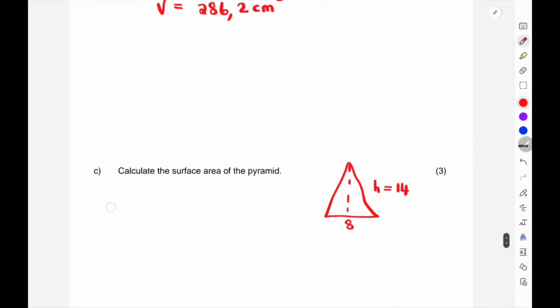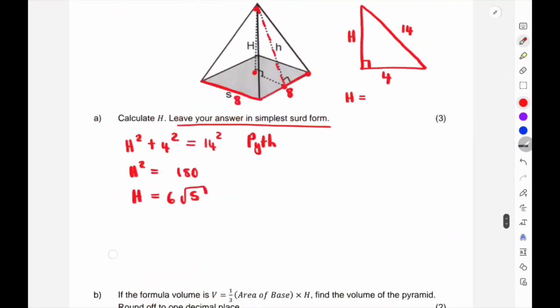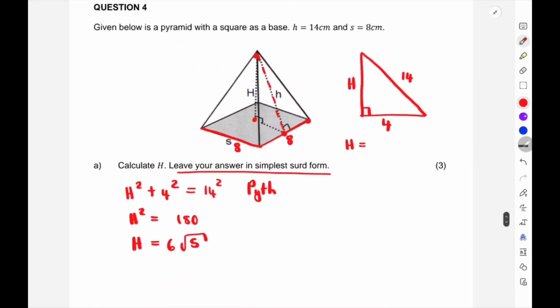And remember it's got how many rectangles? Sorry, not rectangles, triangles. So it's going to be 1, 2, 3, 4 of them. So 4 triangles plus the base, which is 8 times 8.